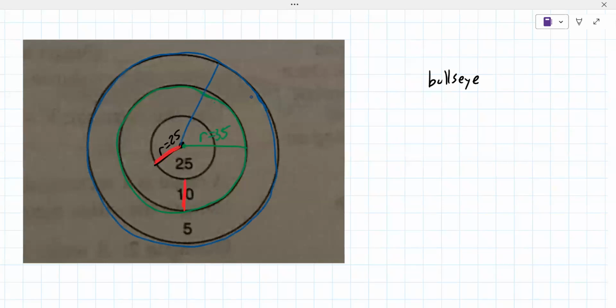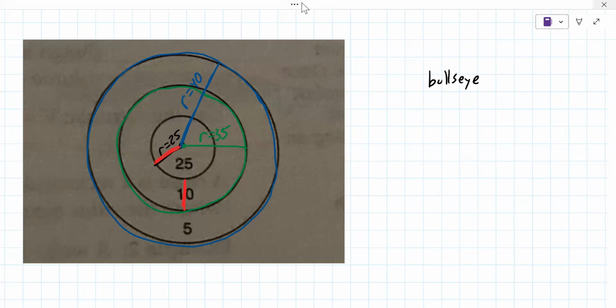And it has a radius that's the sum of these three numbers, 25, 10, and 5. So it's got a radius of 40. Does that make sense? Okay.